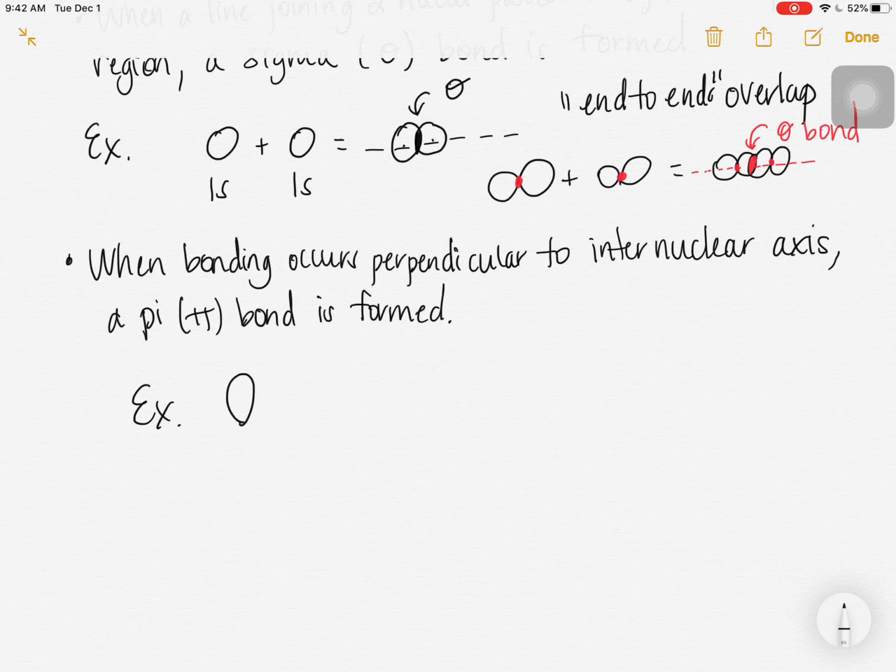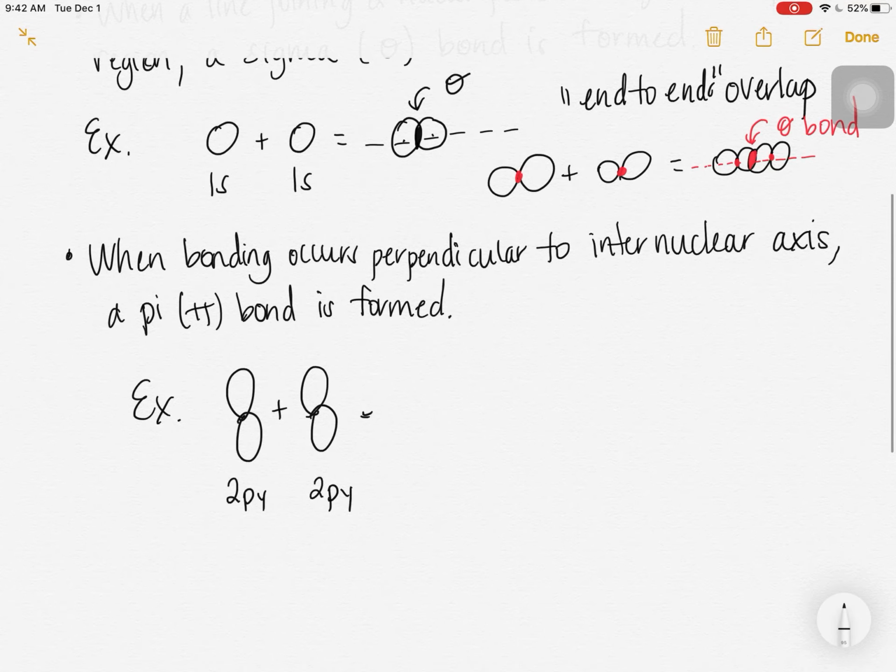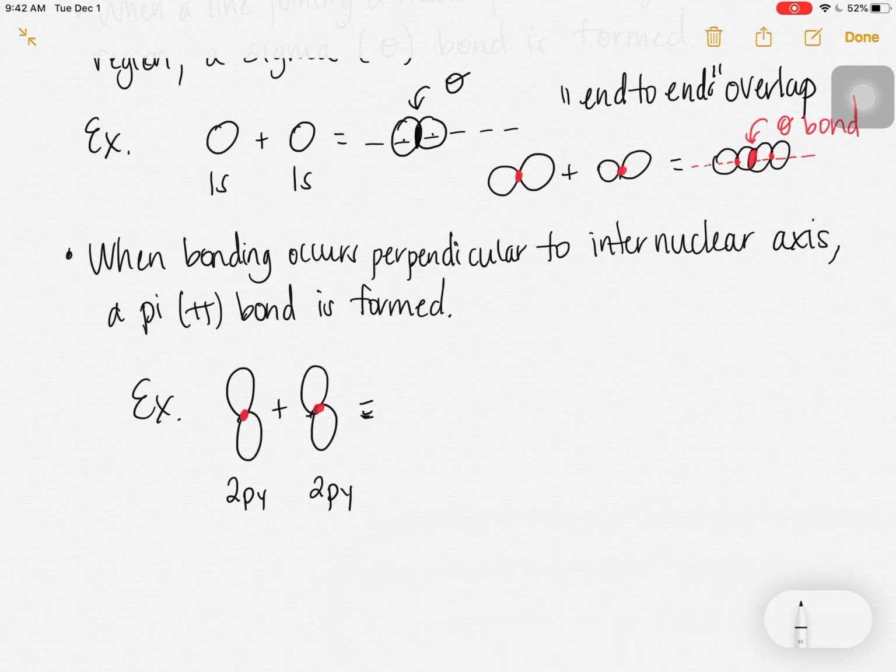The best example I can give you of that before we get into anything crazy would be a 2p and a 2p that are oriented along the y-axis. So if this is a 2py and this is a 2py, and we bring them together, keep in mind where your nuclei are.